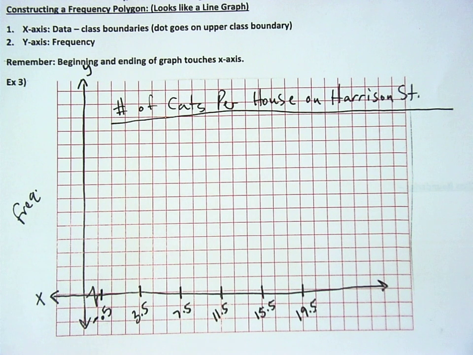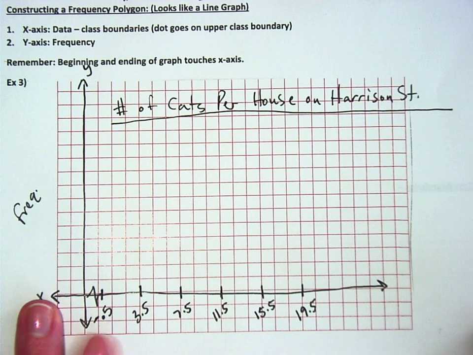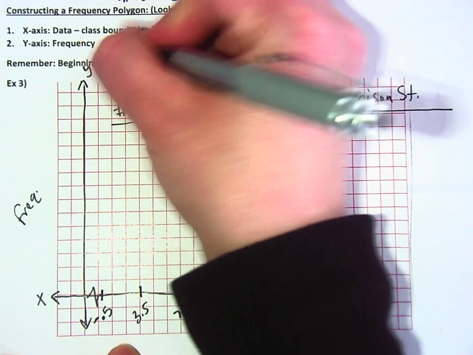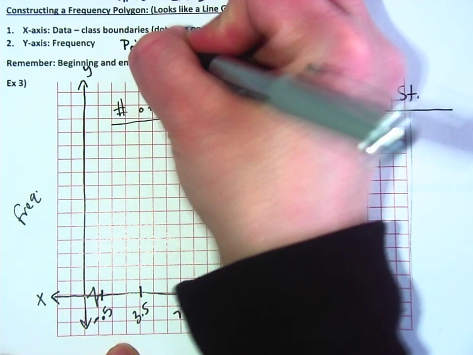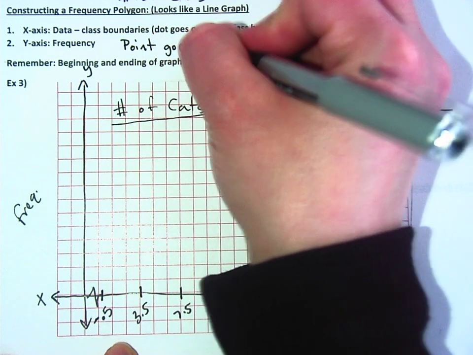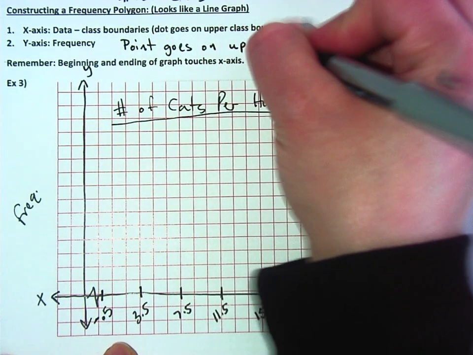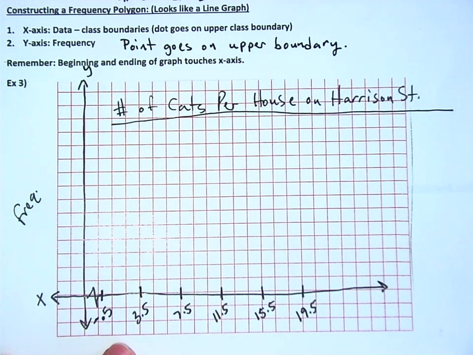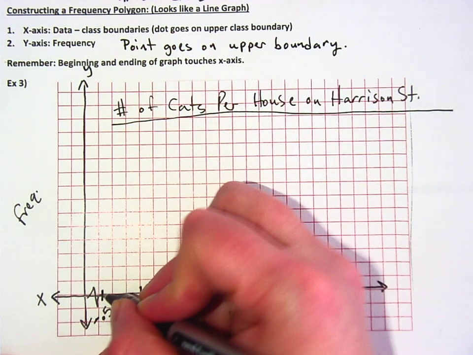Okay, the beginning and the ending of the graph touches the x-axis. I'm going to write down an extra point up here, so everybody write it too. Your point goes on the upper boundary. So my first one is starting at 0.